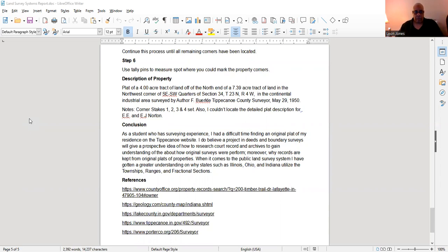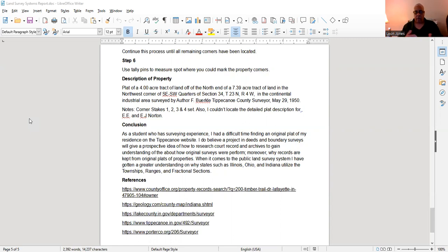As I conclude, I do have surveying experience, so again, I had a difficult time finding an original plot of my residence on the Tippecanoe website. But I do believe a project in deeds and boundary surveys will give a prospective idea of how to research court records and archives to gain an understanding of how original surveys were performed.